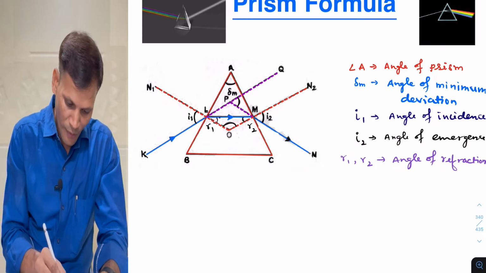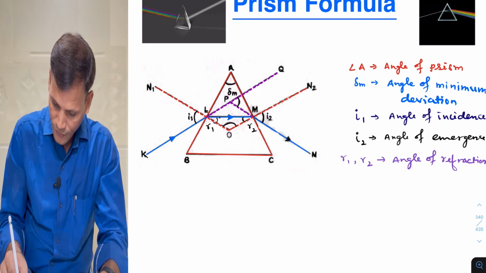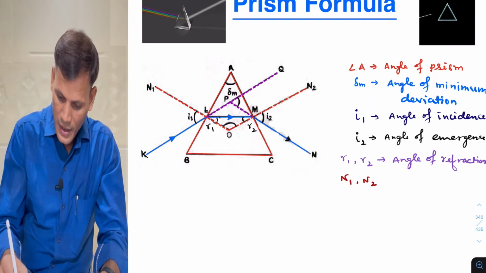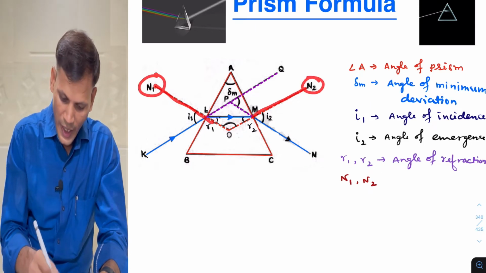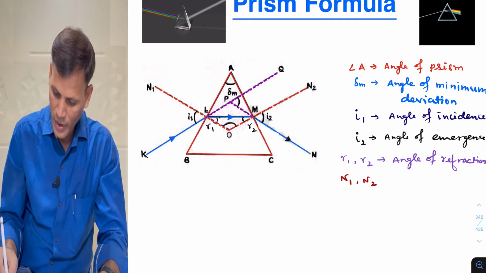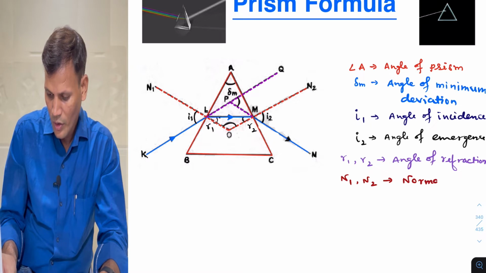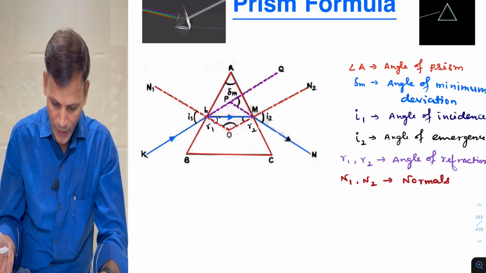Now we can write N1 and N2, sorry. This is N1, this is N2. So N1 and N2 are the normals. These all are the normals. Fine.